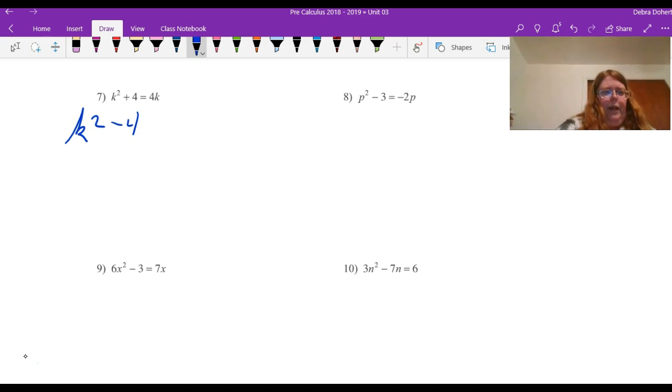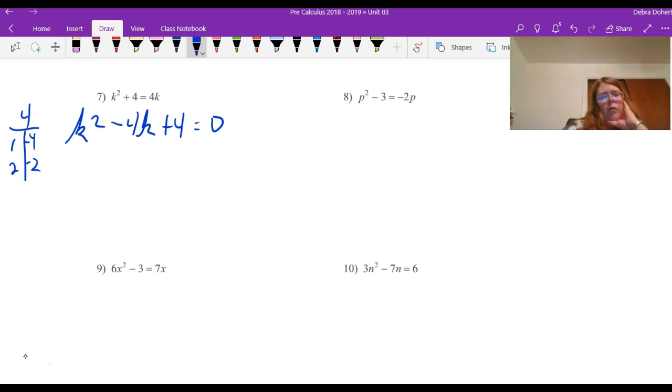We're going to subtract 4k from both sides, and we're going to add 4, and that's going to equal 0. 1 times 4 gives me 4. I'm going to have 1 and 4, and 2 and 2. The sign is negative, so negative and negative.